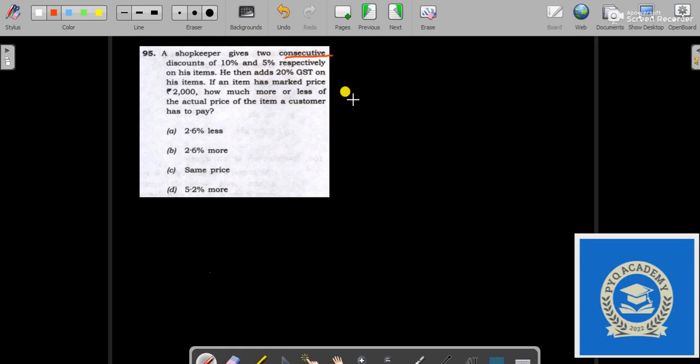Suppose 100 rupees is there and 10 and 5 are two consecutive discounts. Then first you will get a 10% discount. After subtracting that discount, on the remaining price you will get another 5%.